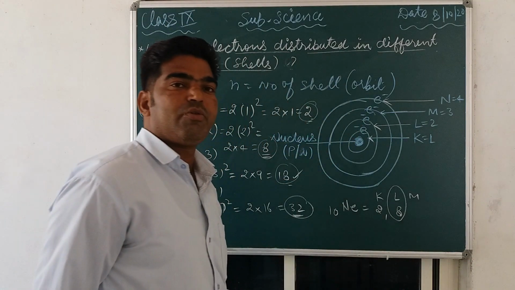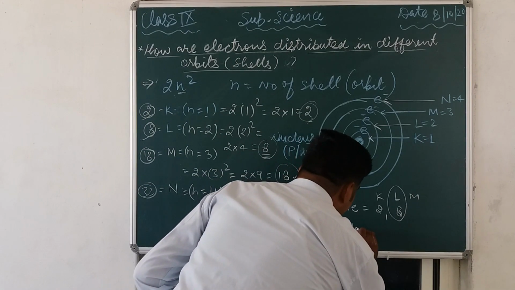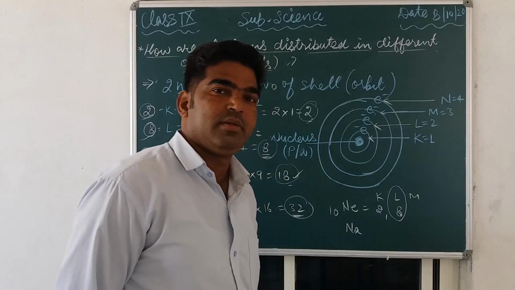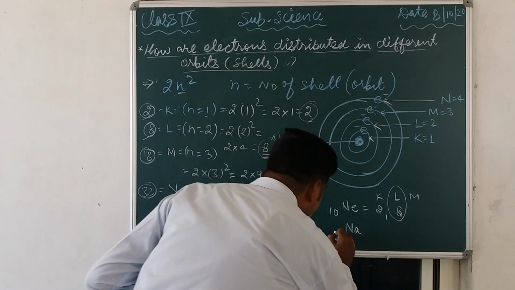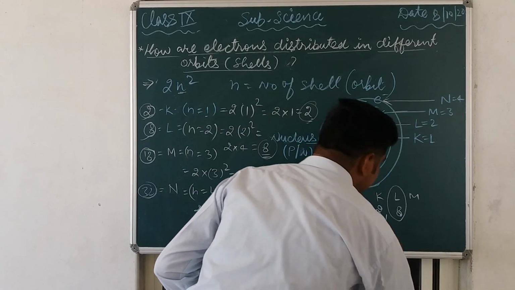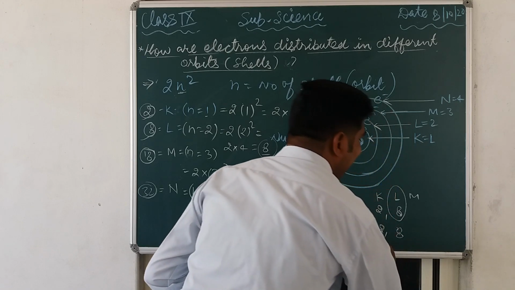So this is the distribution of electrons. For example, we take another example, sodium. The atomic number of sodium is 11. In the first cell 2, then 8, 2 and 8 is 10, and 1 remaining.